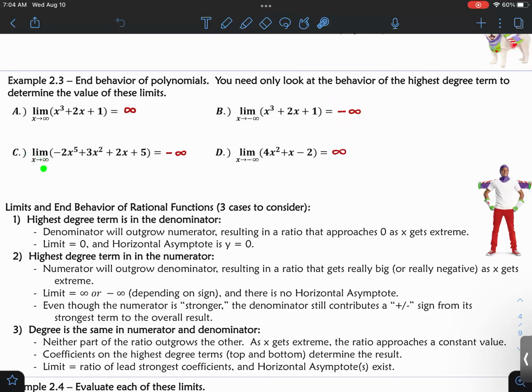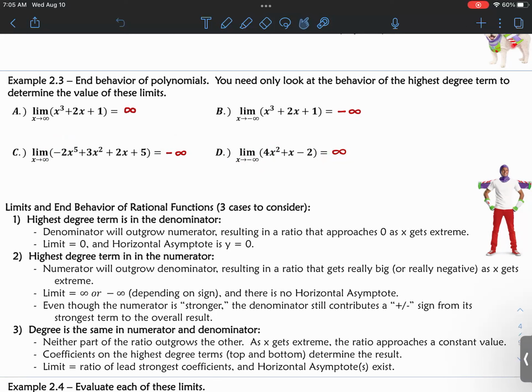Part C, x going to positive infinity, but you do have to consider any coefficients in front of your strongest term. So I'm looking at the x to the fifth term, but because it's multiplied by -2, my final result is negative infinity. Likewise for part D, x approaching negative infinity, if those really negative numbers are getting squared, they are going to turn positive.